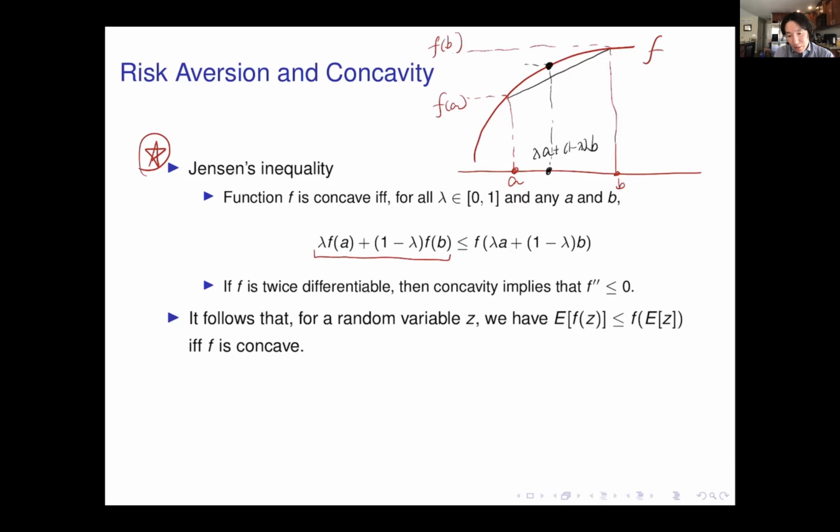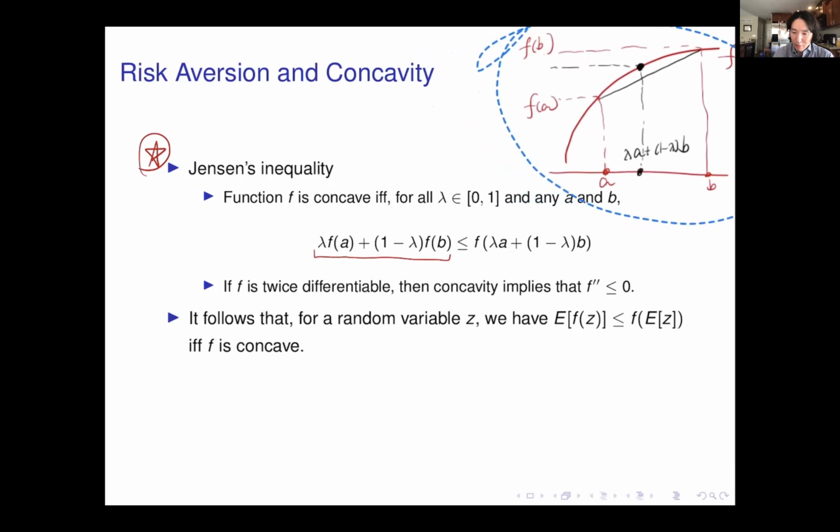So this is going to be f(lambda a plus 1 minus lambda b).